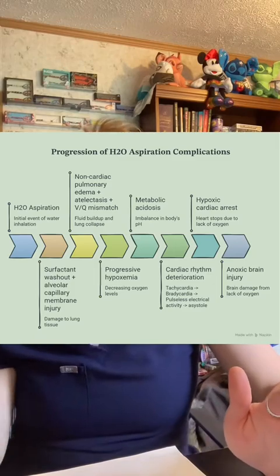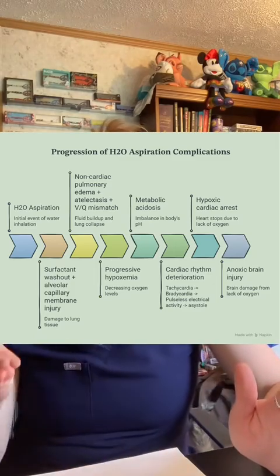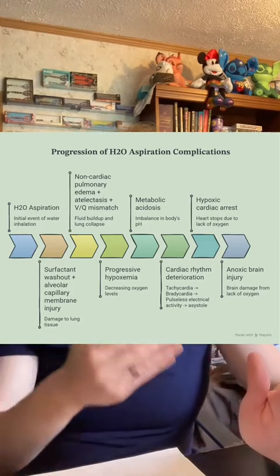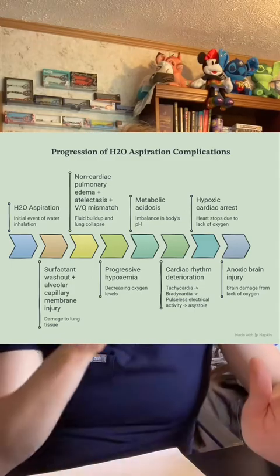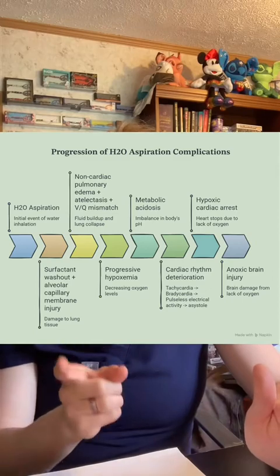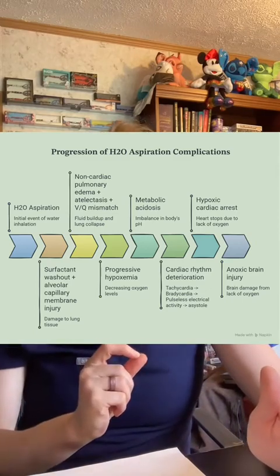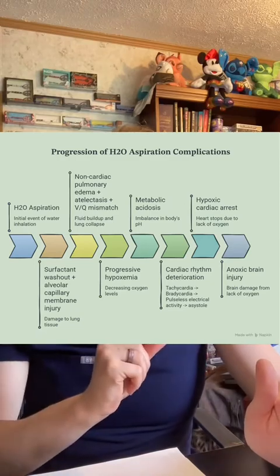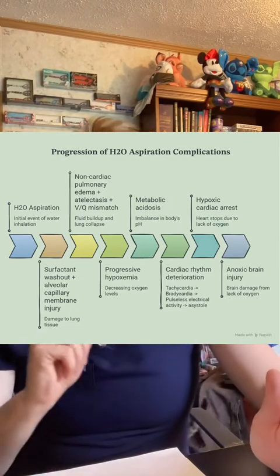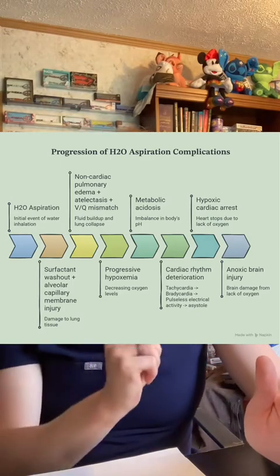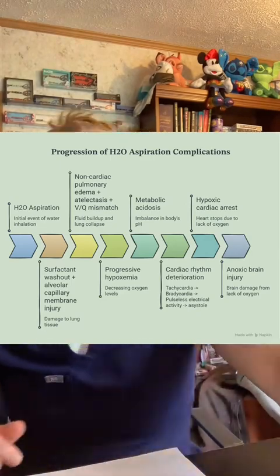That, coupled with the atelectasis plus the VQ ventilation perfusion mismatch, results in progressive worsening hypoxemia. That hypoxemia then results in metabolic acidosis, which causes cardiac rhythm deterioration, which causes hypoxic cardiac arrest. And in turn, that creates a hypoxic brain injury.